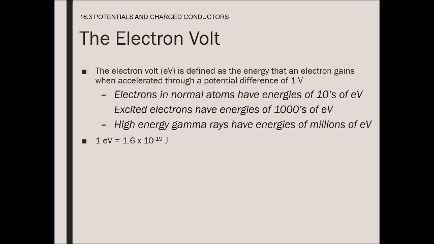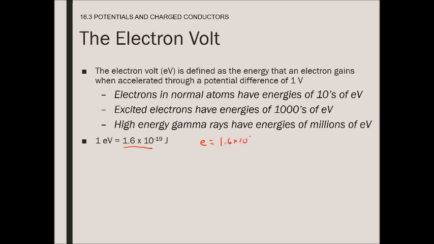Another handy unit to use instead of joules for energy is the electron volt, because often we're going to be talking about very, very small amounts of energy if we're dealing with a single proton or an electron. An electron volt is defined as 1.6 times 10 to the negative 19th joules, because that is what e is.